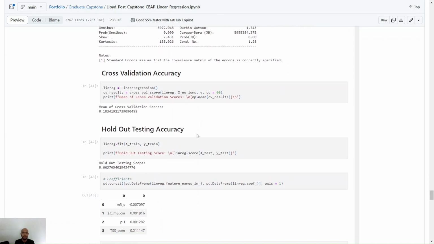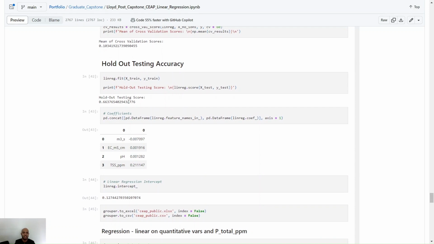But when I run cross-validation accuracy scores, I'm still getting 10%, so what, 1% improvement with this? And my holdout testing accuracy is actually lower. Now it's about 66%.